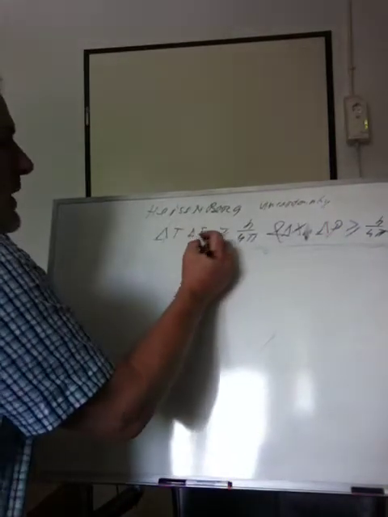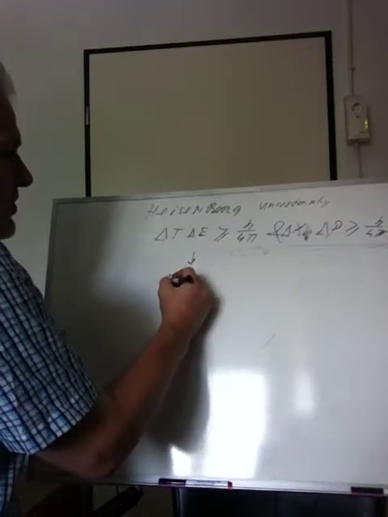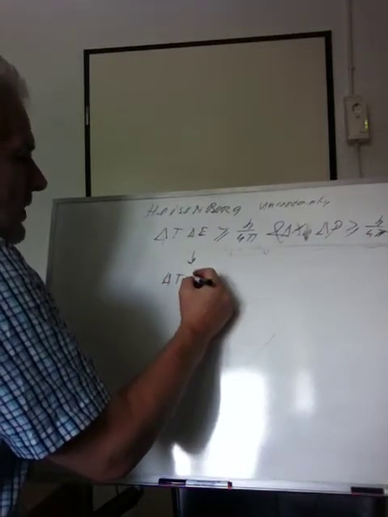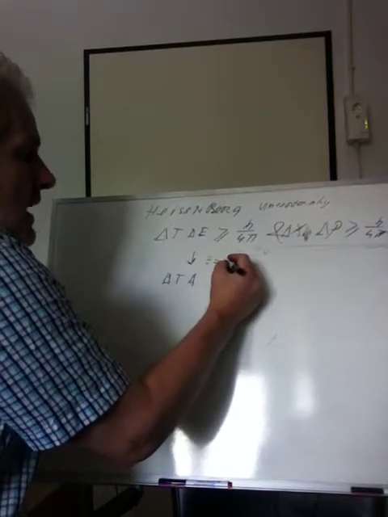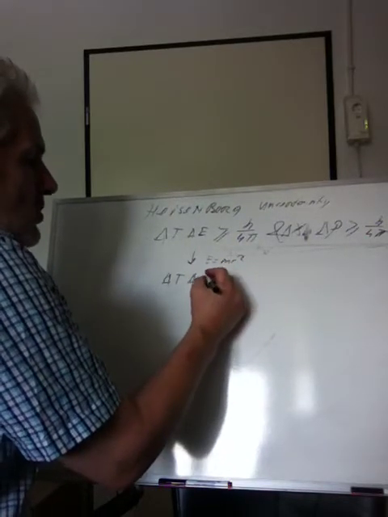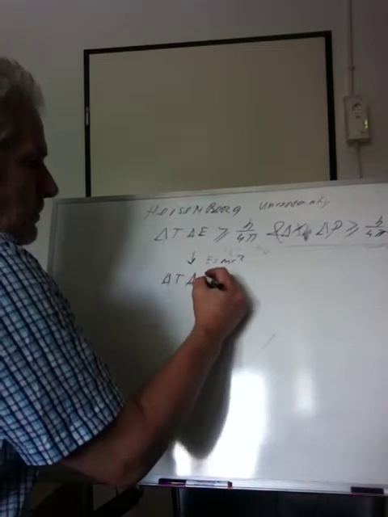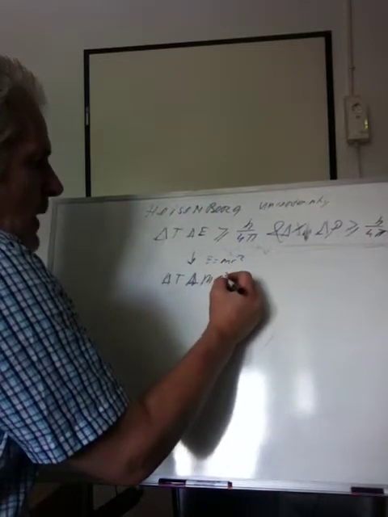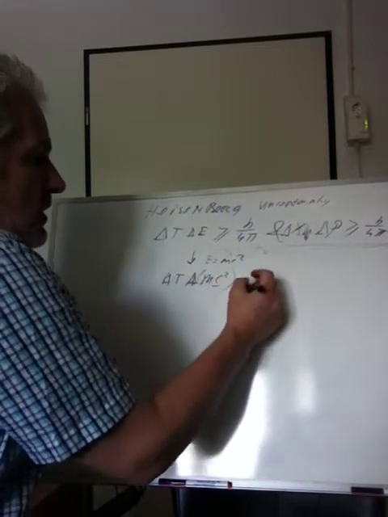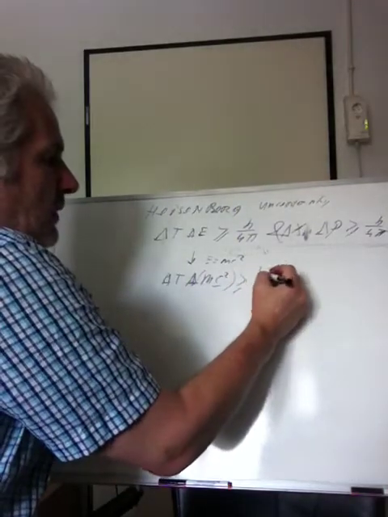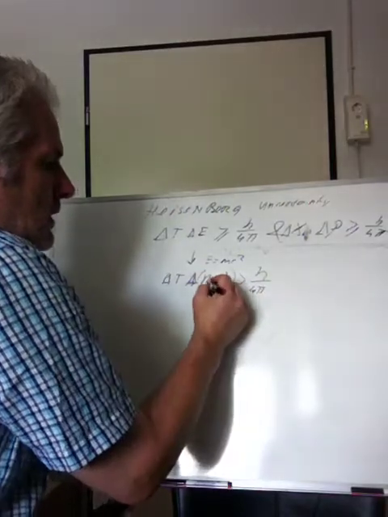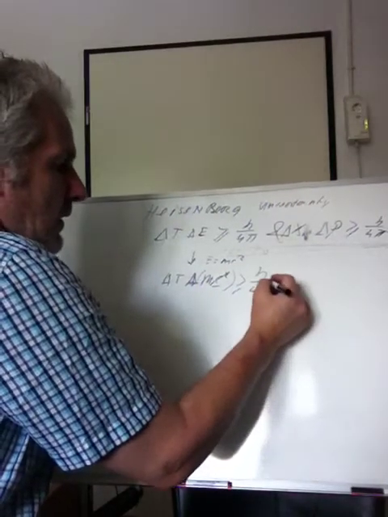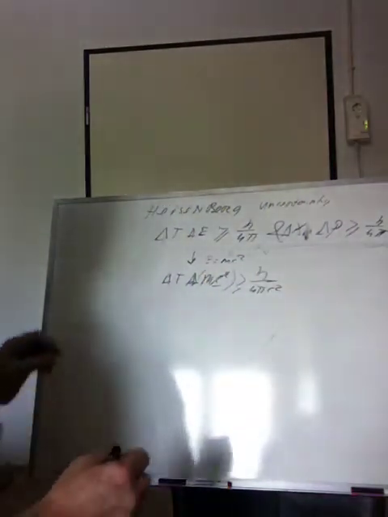Now, what you can do is write delta E as mc squared. Now c is a constant, so you can bring that to the other side: delta t times delta m is bigger than h over 4 pi c squared.